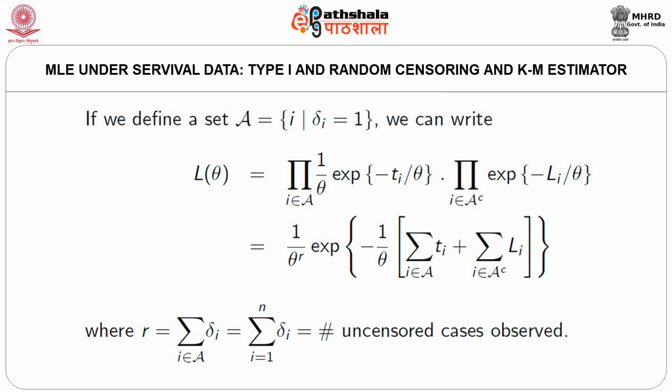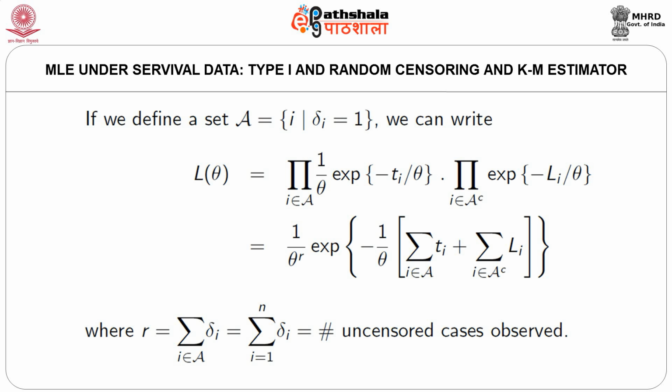If we define a set script A equal to the set of those i such that delta i equals 1, and hence A complement equal to the set of those i such that delta i equals 0, then we can write capital L theta equal to product over i belonging to script A of 1 by theta times e to the power minus ti by theta, into product over those i belonging to script A complement of e to the power minus capital Li by theta.